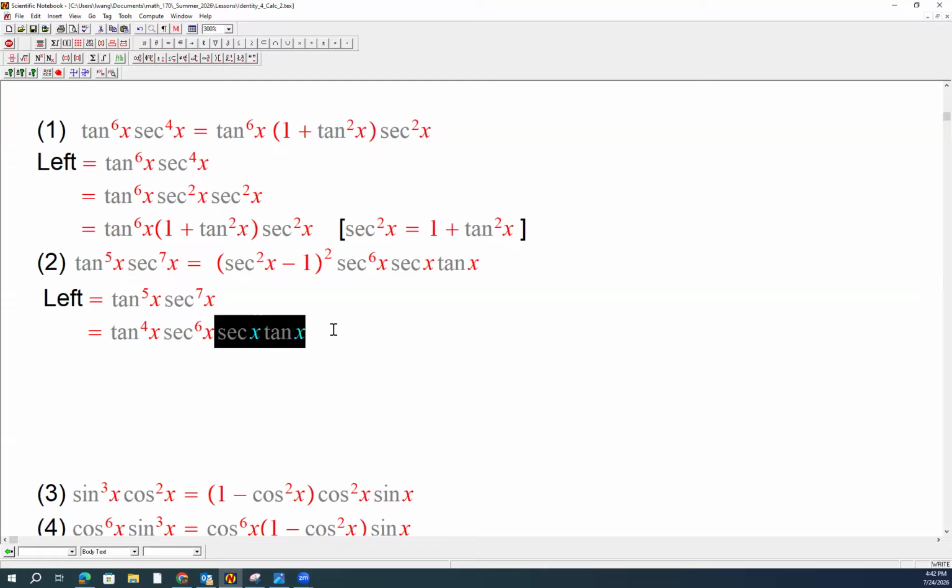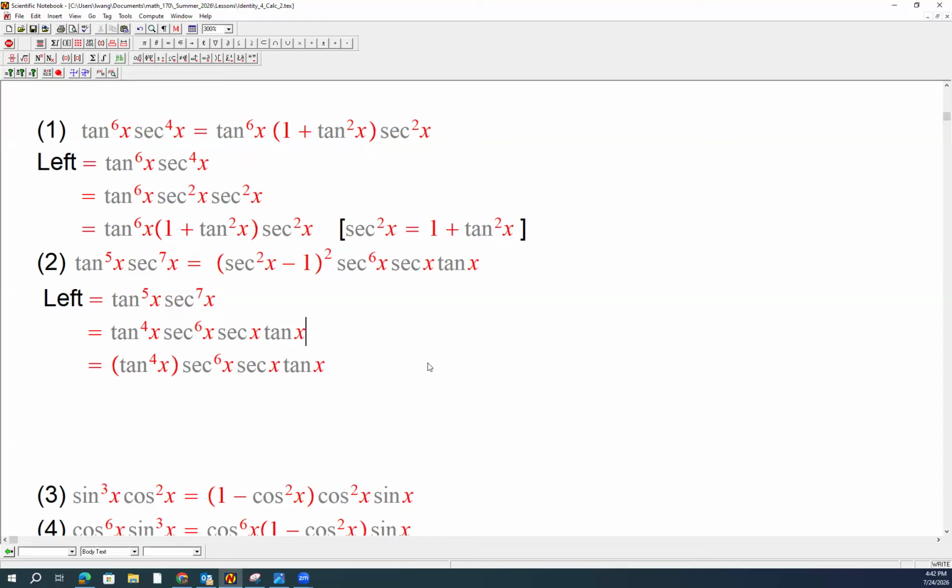For the rest, I'm going to convert everything to secant. So I've got secant to the power 6, and tangent to the power 4 will be replaced. How do we replace tangent to the power 4? We rewrite it as tangent squared to the power 2. Can we replace tangent squared? Yes.